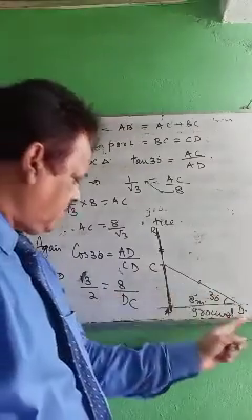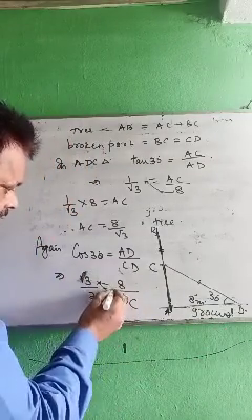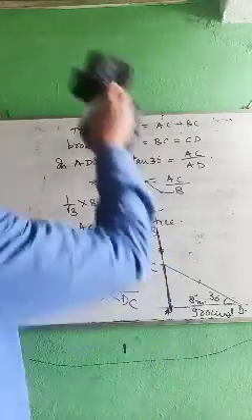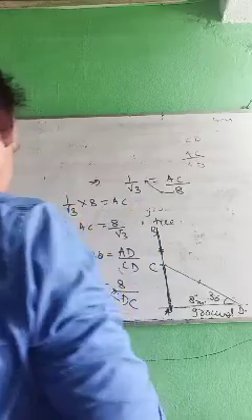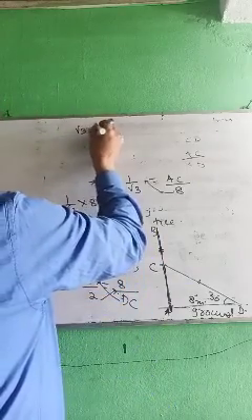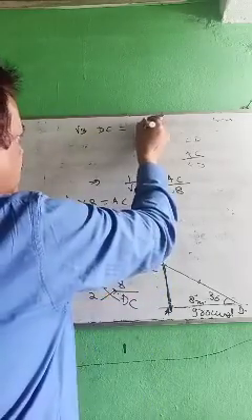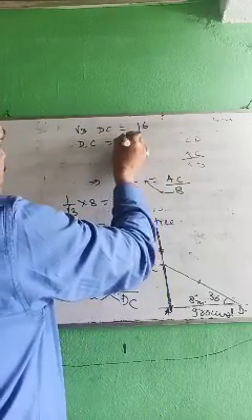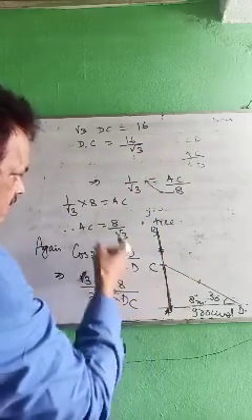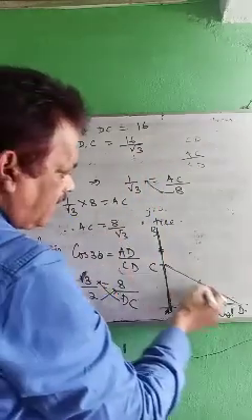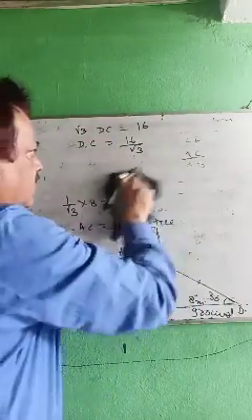Cross multiplying, root 3 DC equals 8 into 2, which is 16. So DC equals 16 by root 3. This part you got 8 by root 3, and this part you got 16 by root 3.